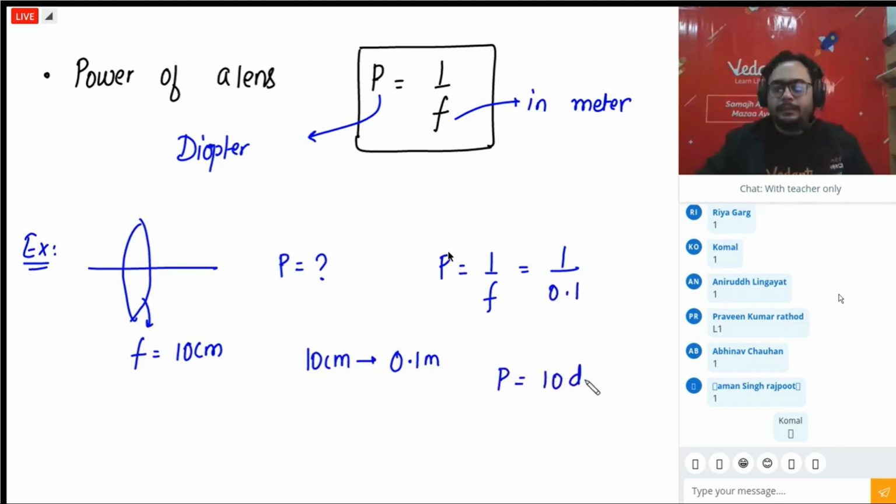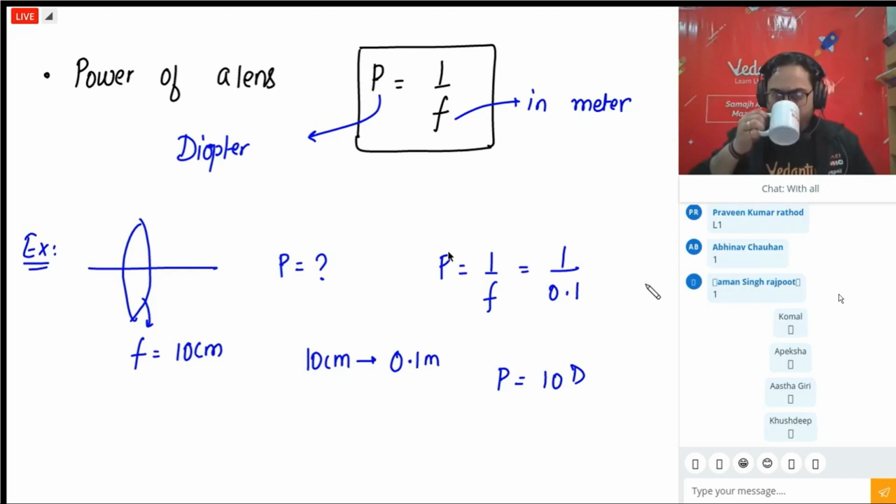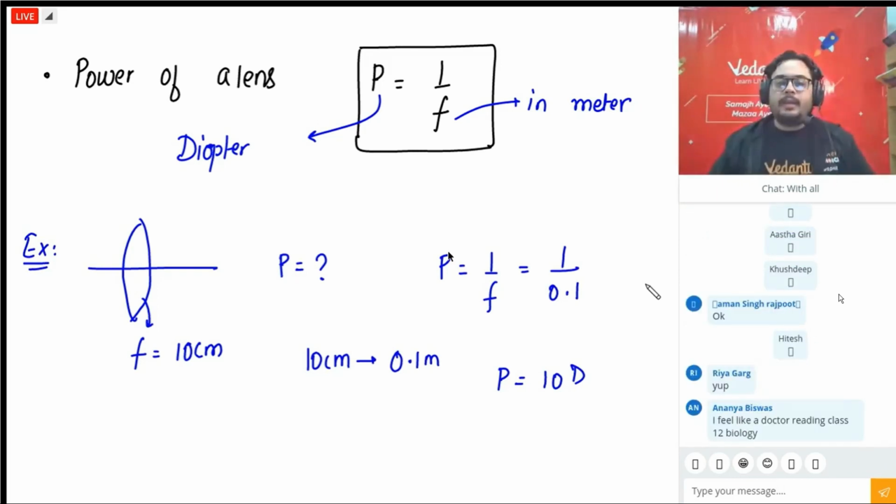So I will put 0.1 here. And the answer I will get is 10 diopter. Or if I am using the symbol, I can use capital D. Is that clear to everyone? Very simple topic. Is that clear?